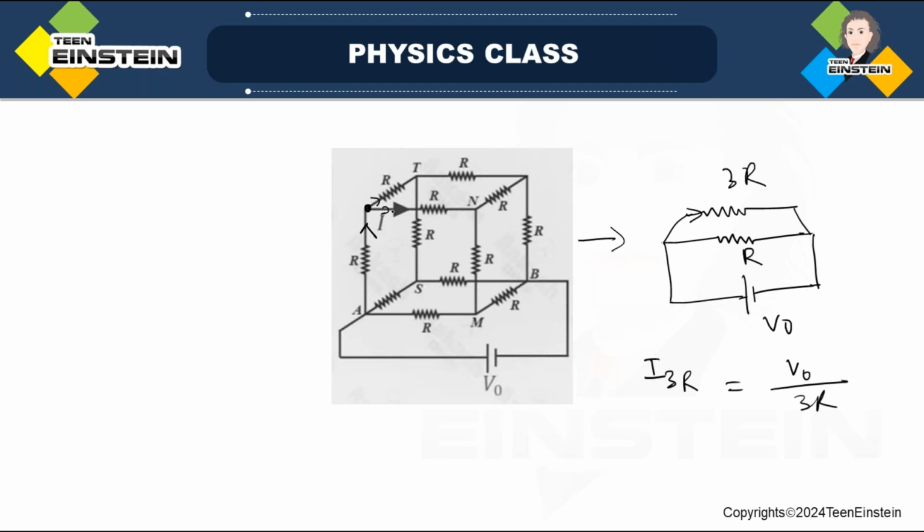This will be one resistance, the whole combination, and they are in series. Out of these four resistances, I have R here, and two more resistances like this, connected like this with the V0.